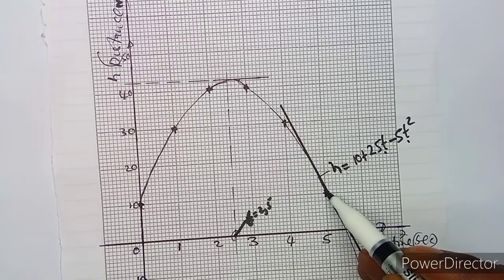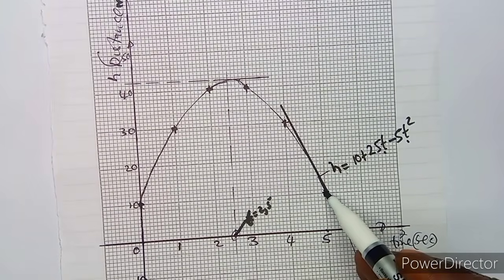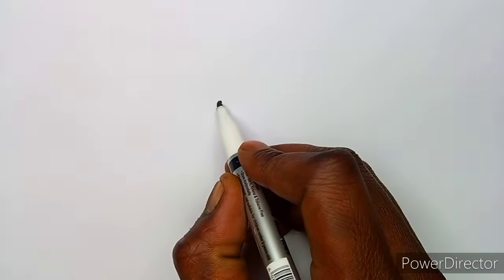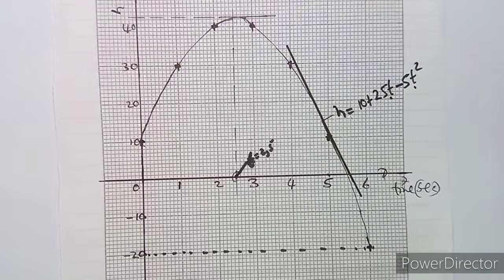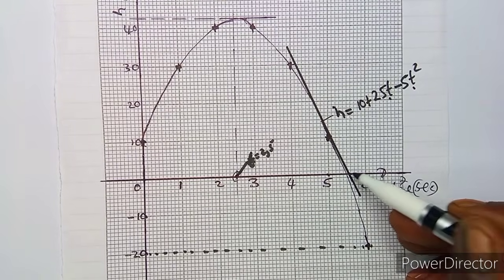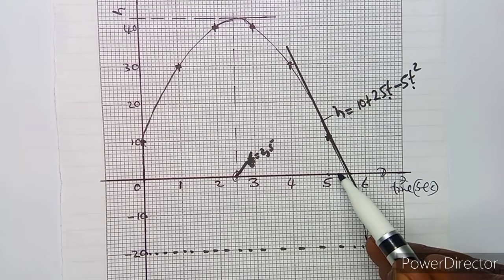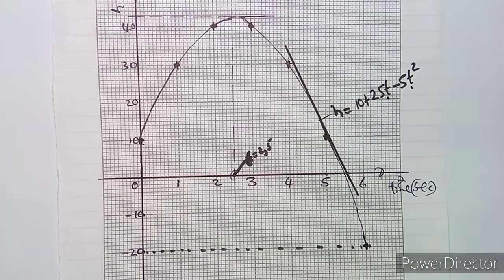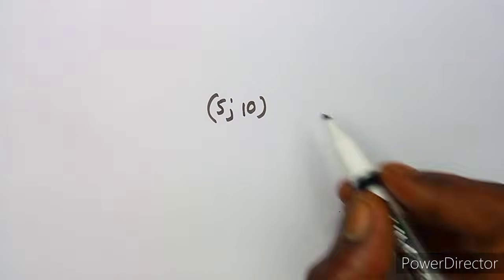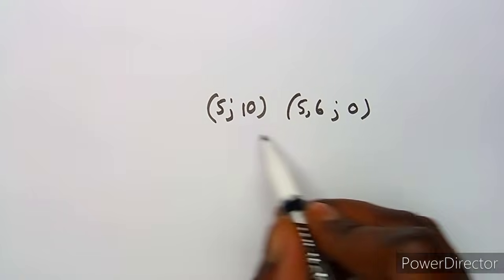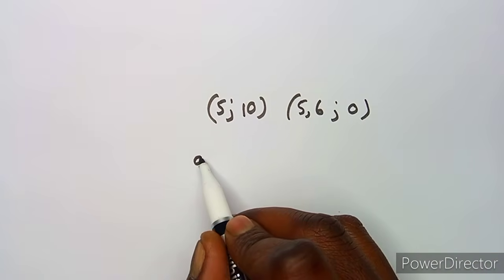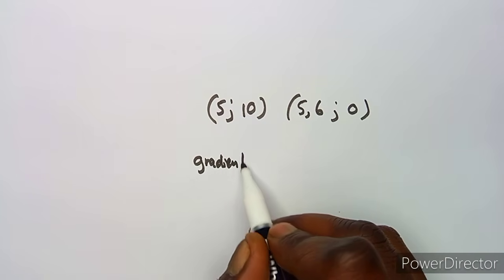So the first point definitely is at a point where t is equal to 5, which corresponds with what? With 10. So we have the point 5 versus 10. That's a point that you're going to take. You take another point because you want to calculate gradient. So you can take this point according to this graph: 5,1, 2, 3, 4, 5, 6. So according to my graph, it's 5,6. So you just take 2 points, and our gradient is not going to be exact.